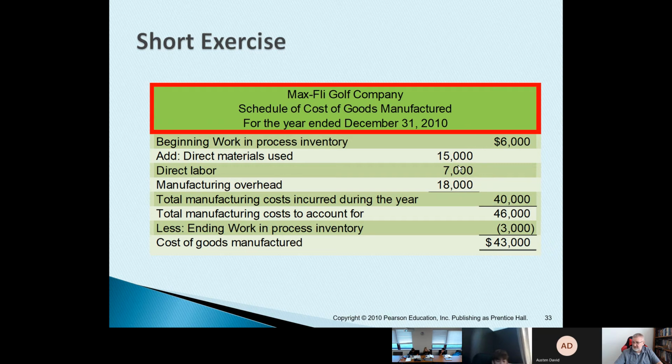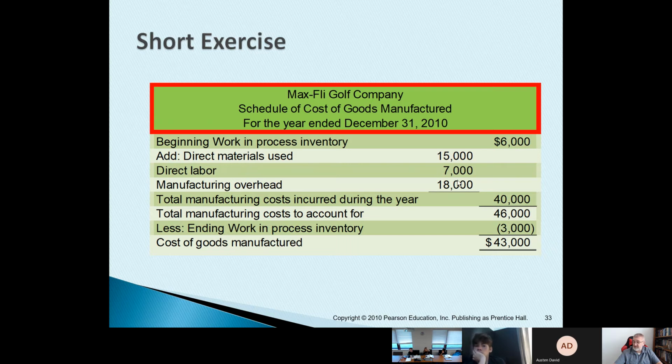So if we add all of these up, what we began with, how much material did we use, how much labor did we use, how much manufacturing overhead did we use, we get our total manufacturing cost incurred for the year. Total manufacturing cost incurred for the year is these three added together. Total that we have to account for.